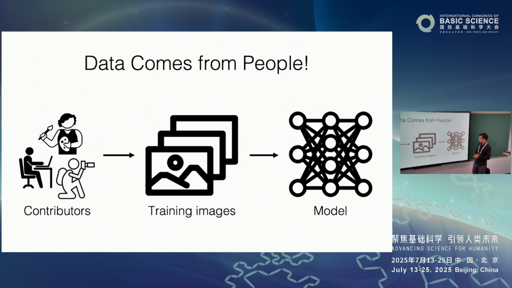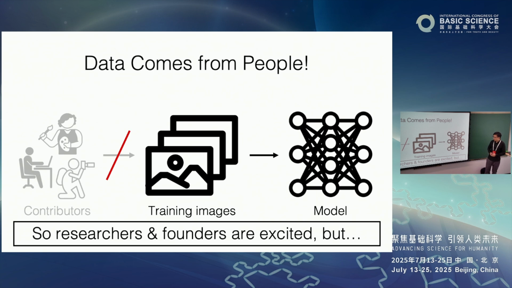You take a photo of your family members, somehow that becomes a part of the training images. So we can look at, right, the people who train the models get paid pretty well, and the people who sell GPUs also get paid pretty well, but the contributors of the training images often don't get paid at all.